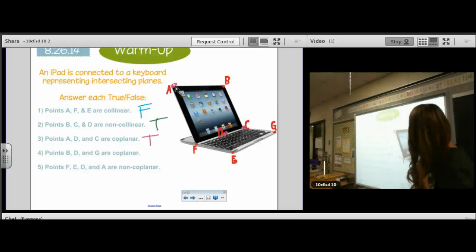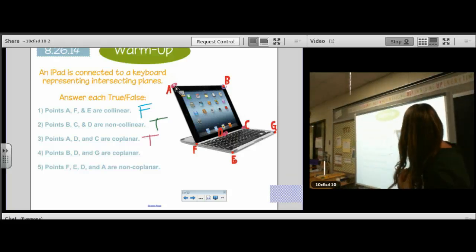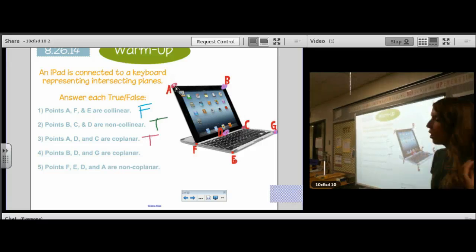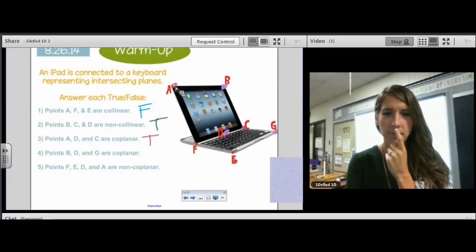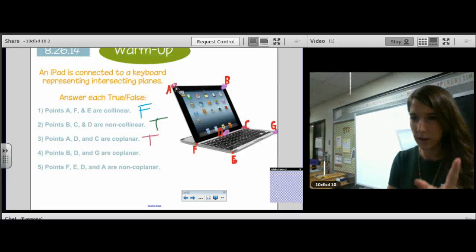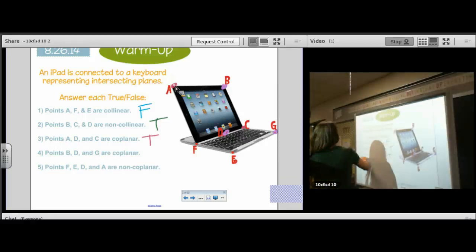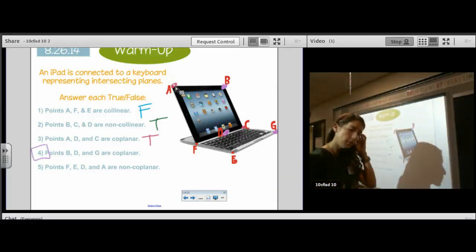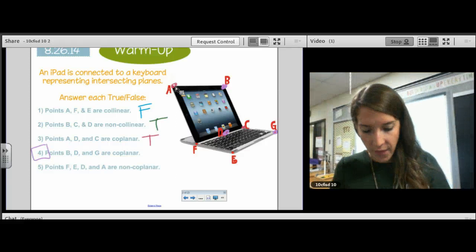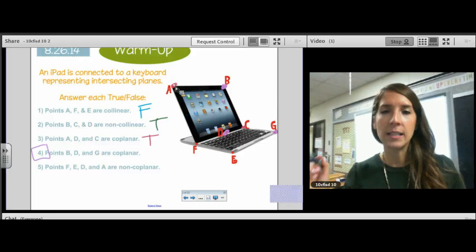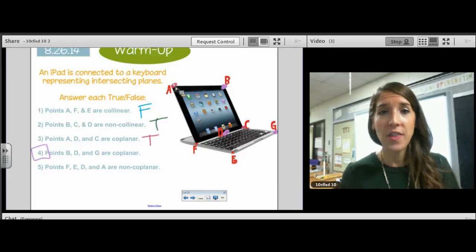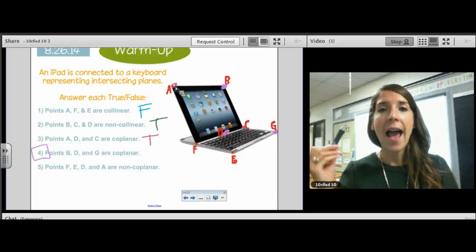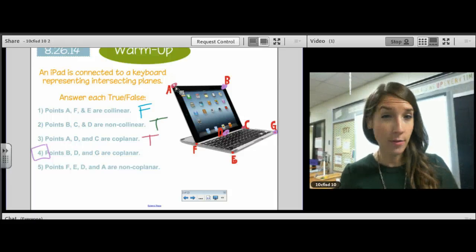Points B, D, and G. B, D, and G are coplanar. Number 4 is the trickiest one on the warm-ups today. Instead of thinking of coplanar as they're in the same plane already, I want you to think of coplanar as I could put a plane through them.